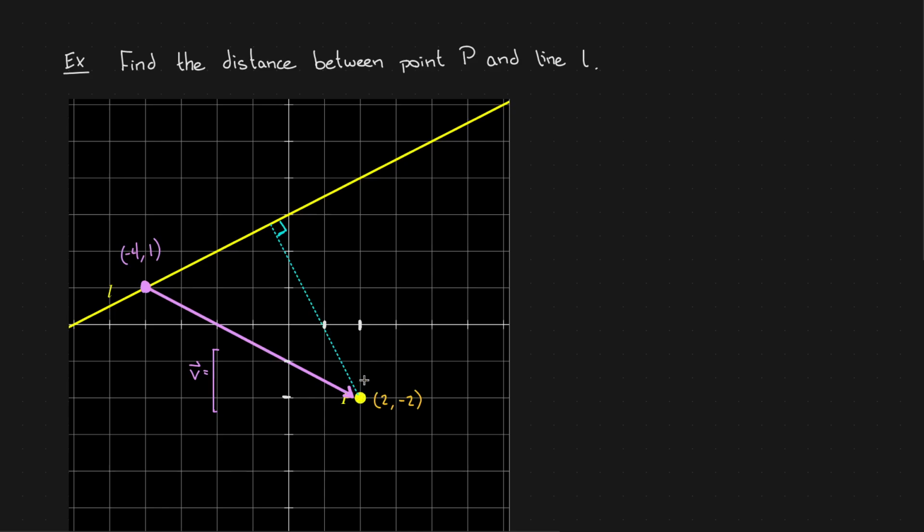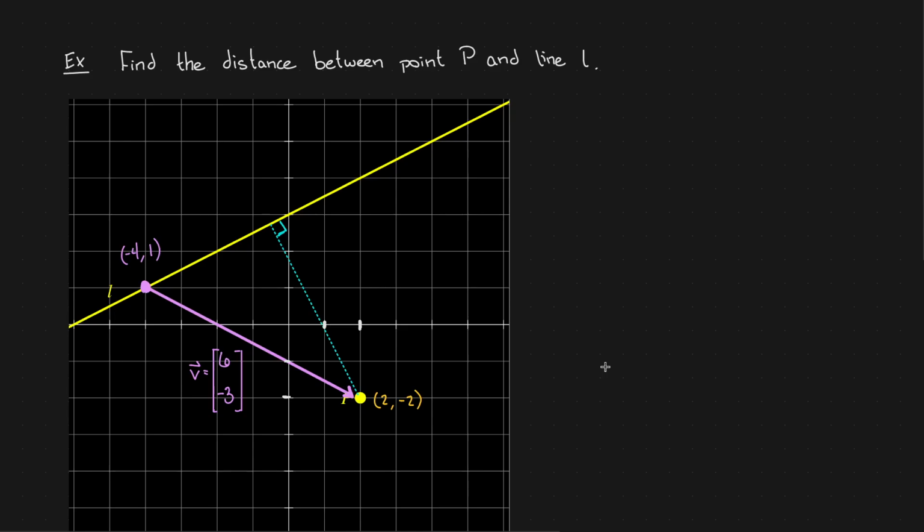So if I want to end up at P and I want to start at this point -4, 1, end minus start gets me the vector from -4, 1 to point P. So end minus start, so 2 minus -4 is 6, and -2 minus 1 is -3. Okay, you could also just count, right? 1, 2, 3, 4, 5, 6 to the right, 1, 2, 3 down, 6, -3.